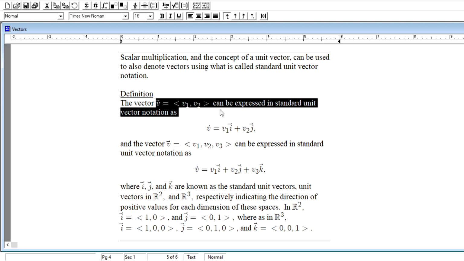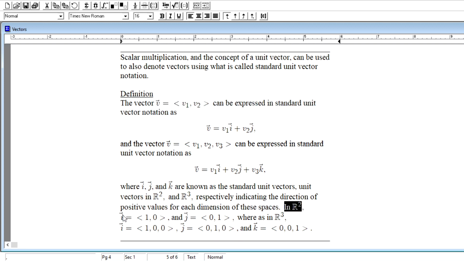In two-dimensional space, i bar is just the unit vector 1 comma 0, which points strictly along the positive x-axis 1 unit in length. And vector j bar is the vector 0 comma 1, which is also strictly a unit vector that points in just the positive y-axis and is 1 unit in length.